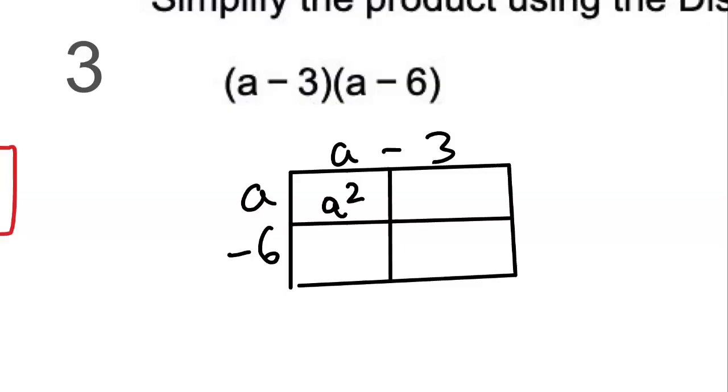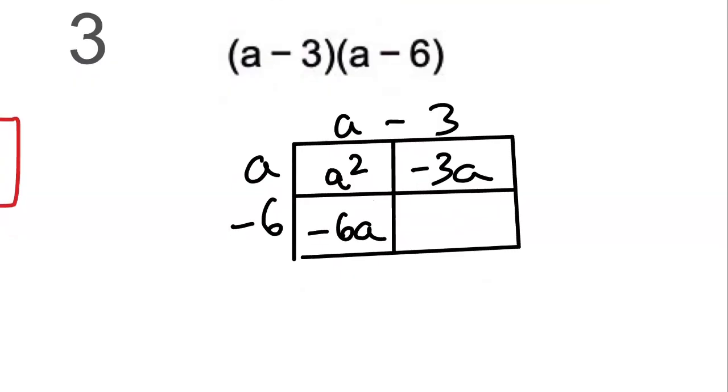This little quadrant is negative 3 times a, which is just negative 3a. A times negative 6 is negative 6a. And then negative 3 times negative 6 is positive 18.